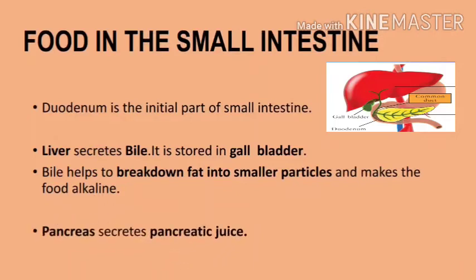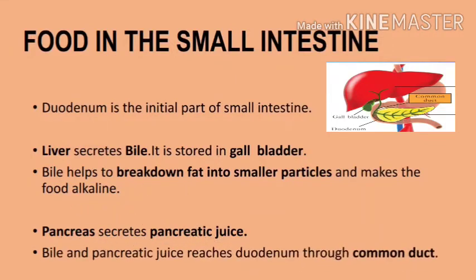The function of bile is that it breaks down fat into smaller particles and makes the food alkaline. That is, the food that comes from the stomach will be acidic. So, with the help of bile, it is converted into alkaline nature.